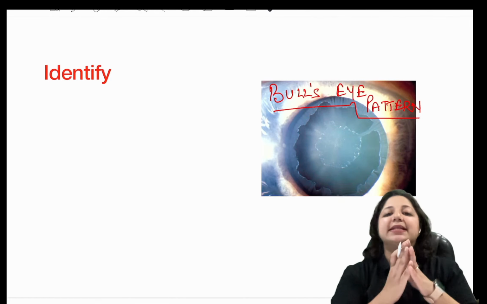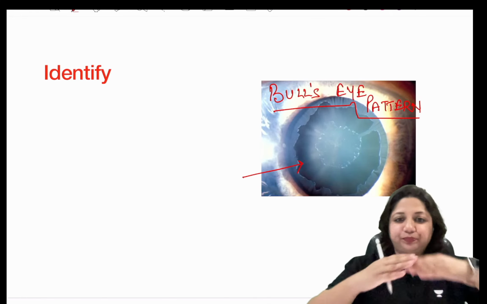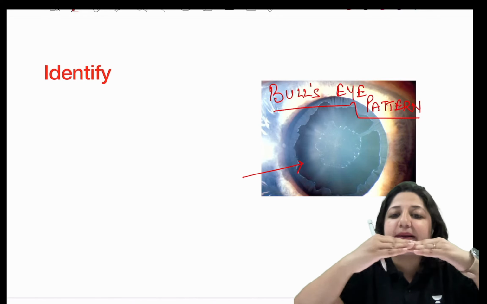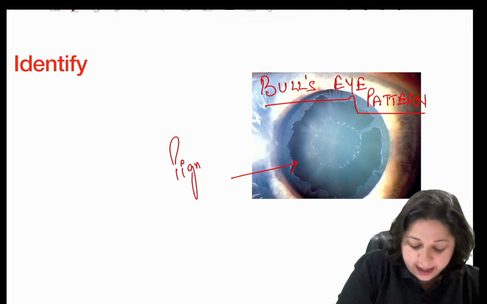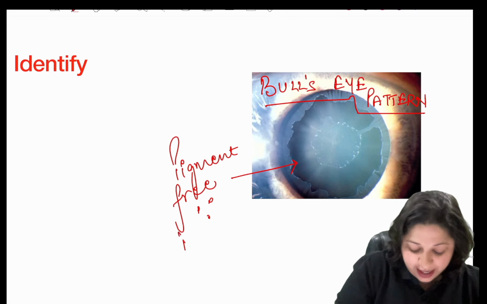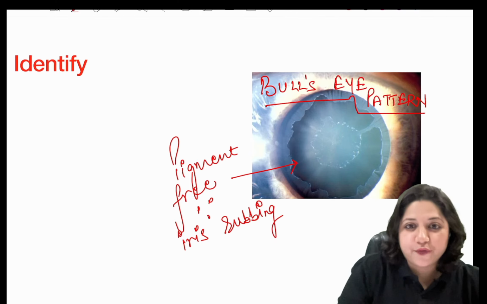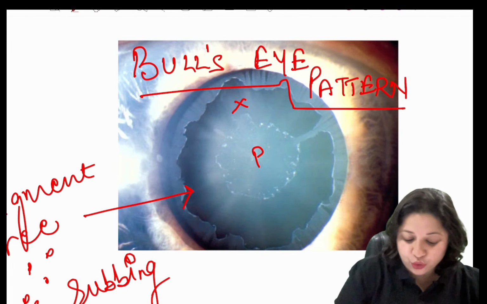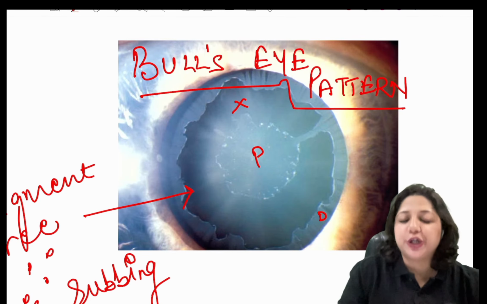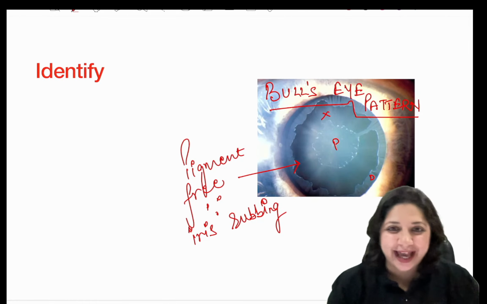It is nothing special, but it's because of the constant rubbing of the iris that this area becomes pigment free. If you see carefully, I will zoom it. There is pigmentation, there is no deposits, and again there are deposits. So this pattern is called bull's eye pattern.